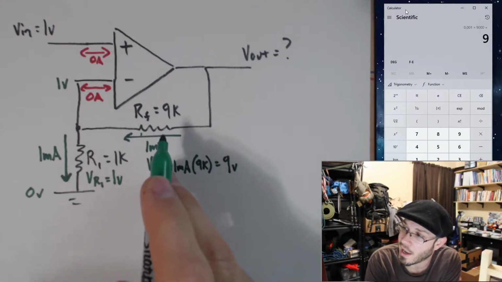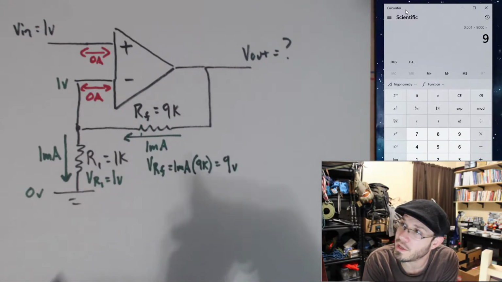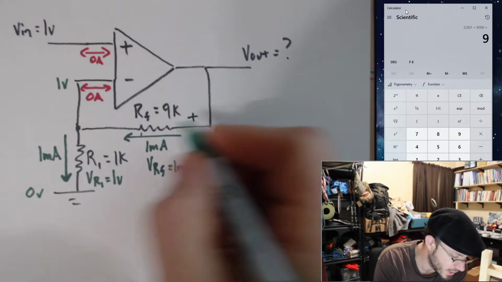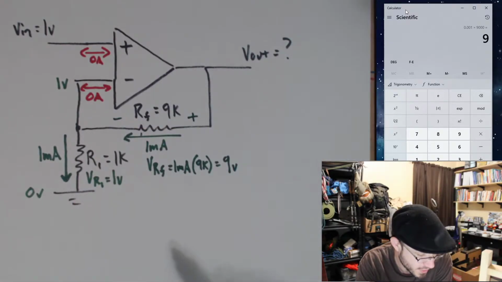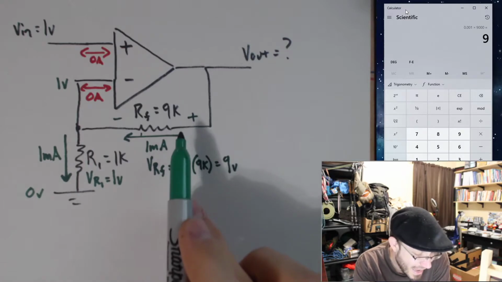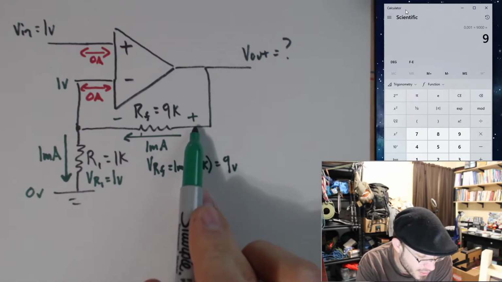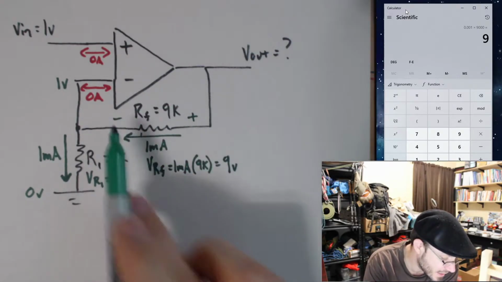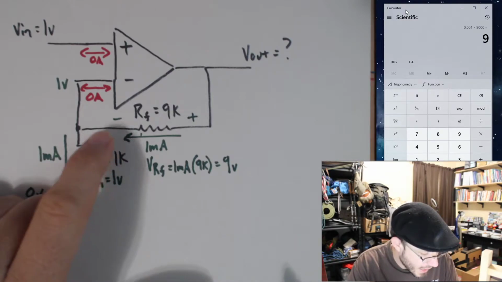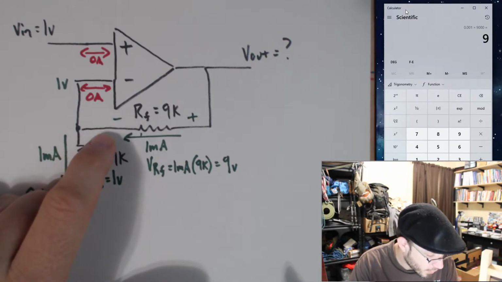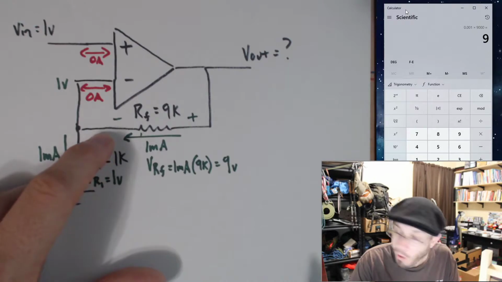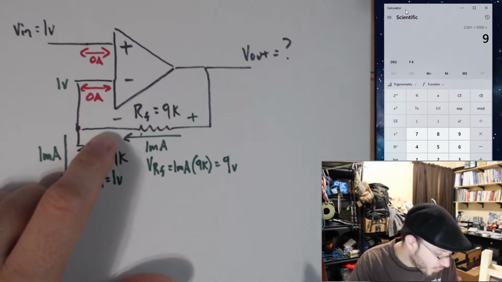And notice the direction of current. Current always flows from a high voltage to a low voltage. Okay, and I have 9 volts as I drop from this side to this side. Well, what do I have on this side? I have 1 volt, right? So now I'm just using Kirchhoff's voltage law.